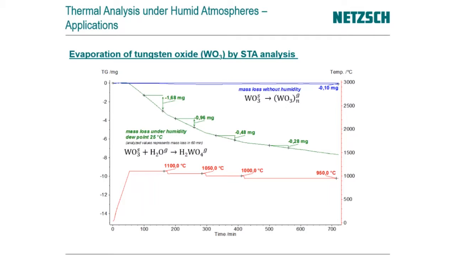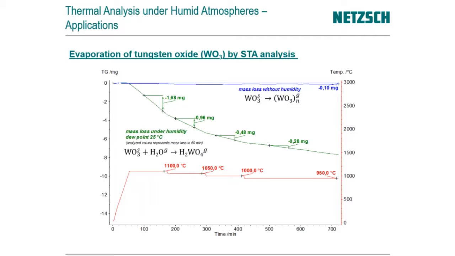What you see is that the blue curve is showing nearly no mass change, which means the reaction of solid tungsten oxide to a gaseous one, so the sublimation process of this material, is nearly not present at the here shown temperature range of about 1000 degrees C. However, if we introduce in the system a small content of water, which is just this 25 degrees C dew point, then the solid tungsten oxide can react with the gaseous water to form the so-called tungsten oxide acid.